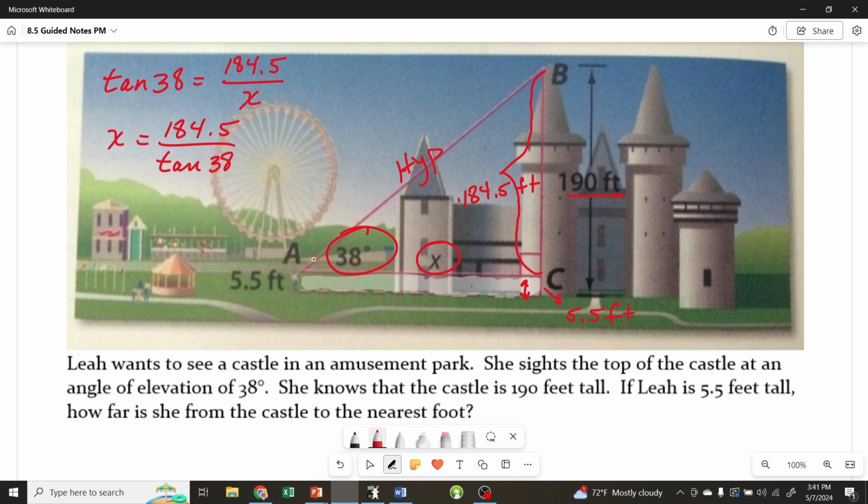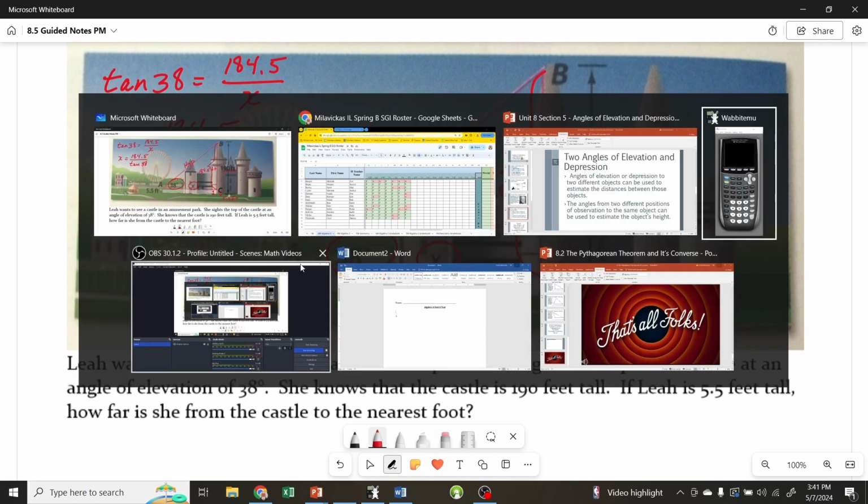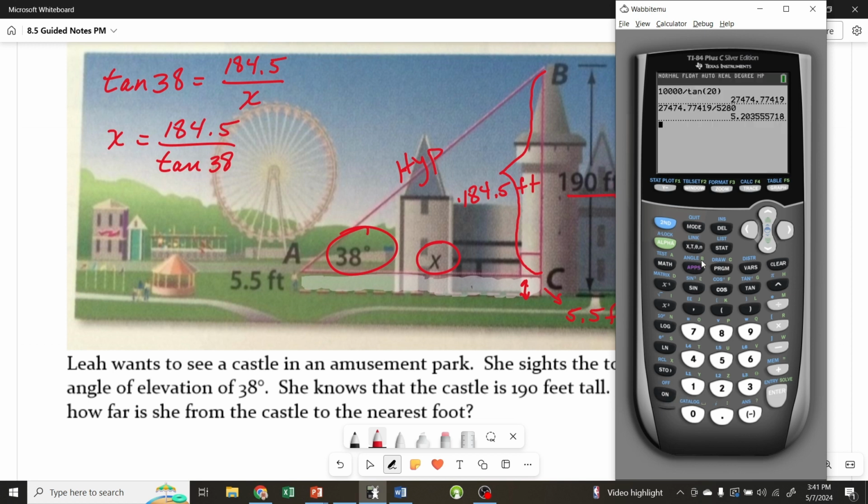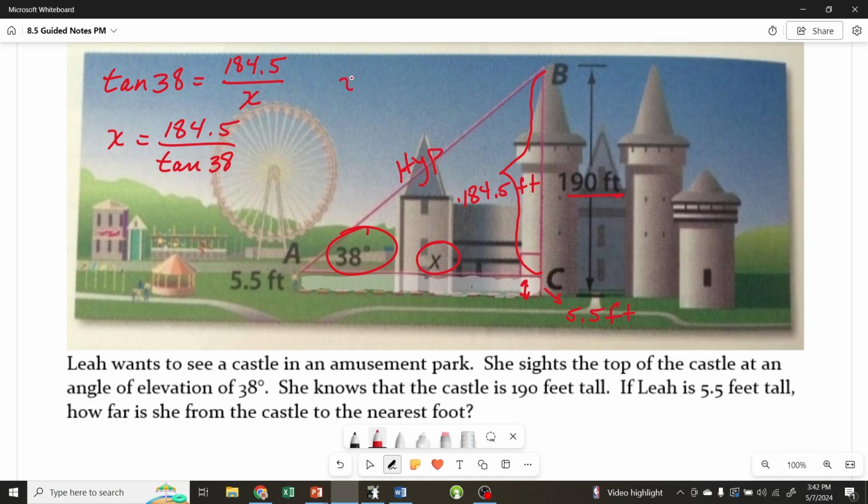So now we pull out our calculator and we divide 184.5 by tangent 38. Hit enter. We have 236.1, so she's approximately 236 feet from the base of the castle.